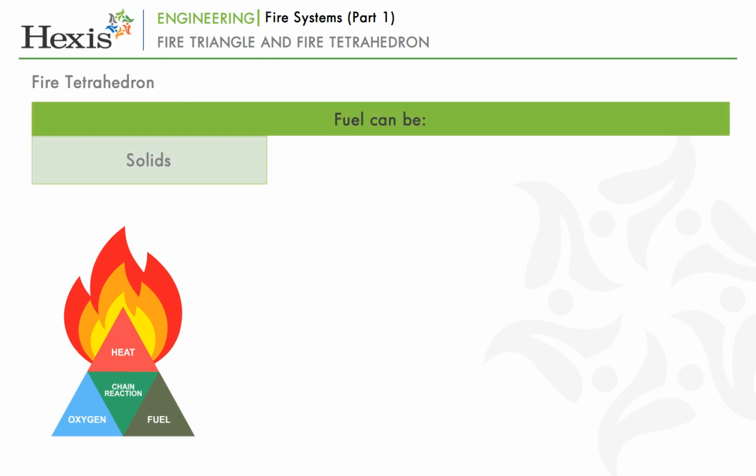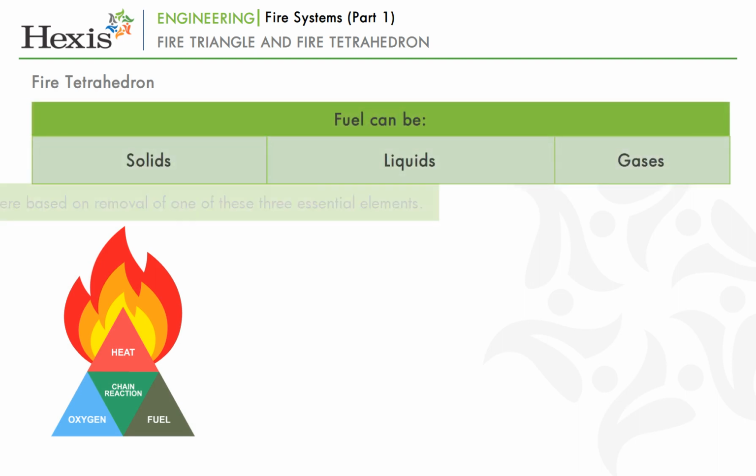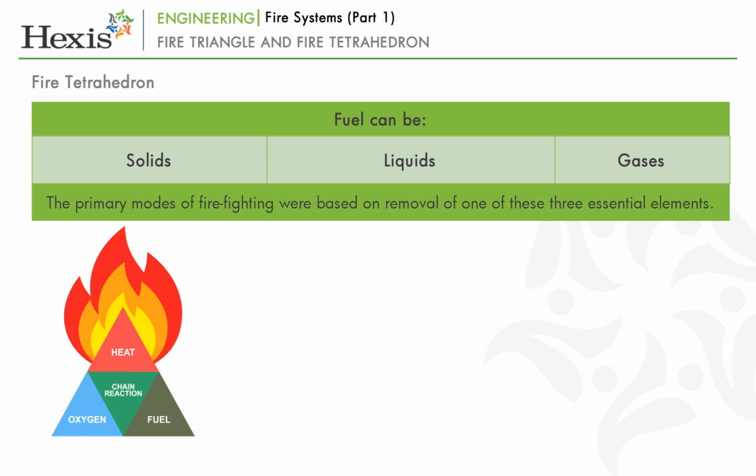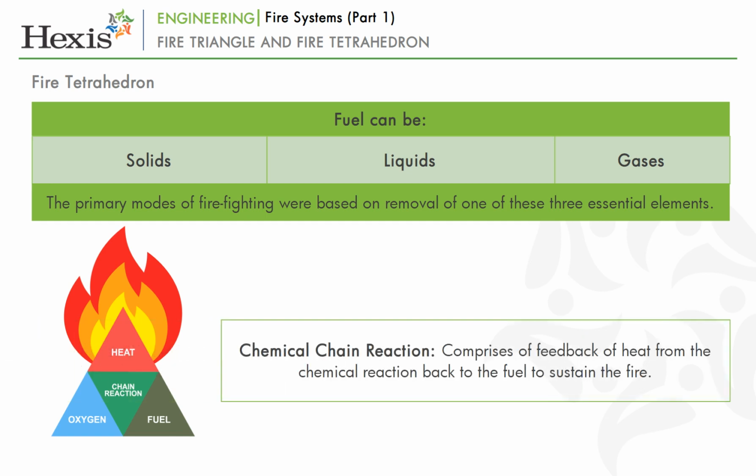Fuel can be solids, liquids or gases. The primary modes of firefighting were based on removal of one of these 3 essential elements. In recent years, another component has been added to explain the concept of fire, and that is the chemical chain reaction. The chain reaction comprises feedback of heat from the chemical reaction back to the fuel to sustain the fire.